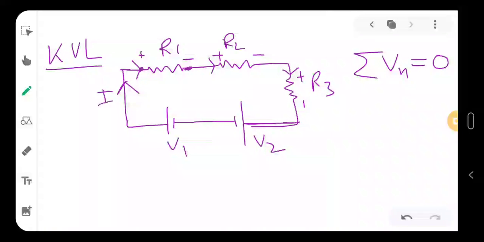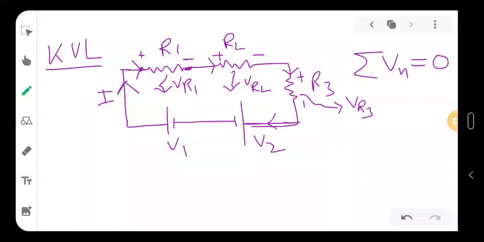Let's say I is the current flowing through the circuit. Some energy is dissipated here, that is one voltage, some here, that is another voltage. So this is VR1, this is VR2, and here some dissipation is there, so this is VR3, and then we have V1 and V2, the voltages of the cells themselves.